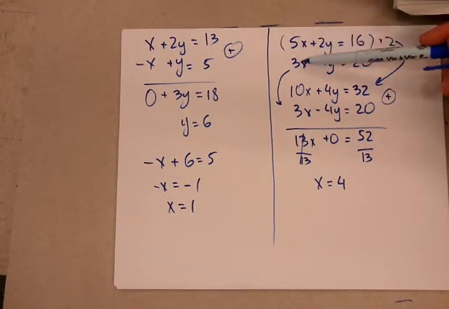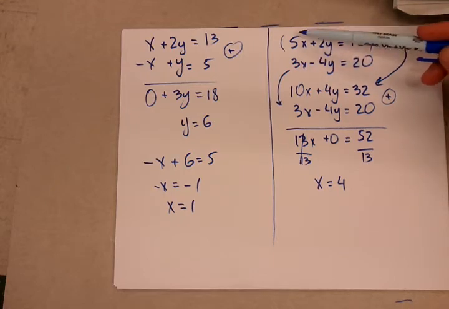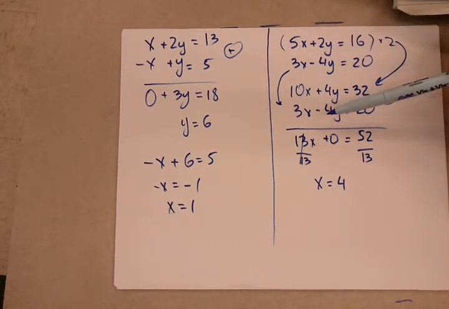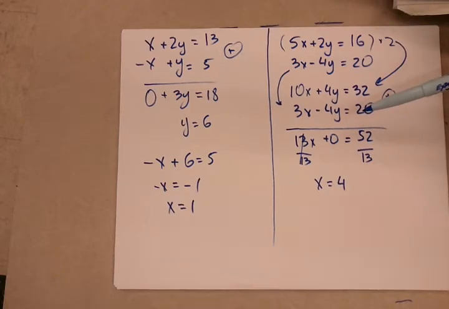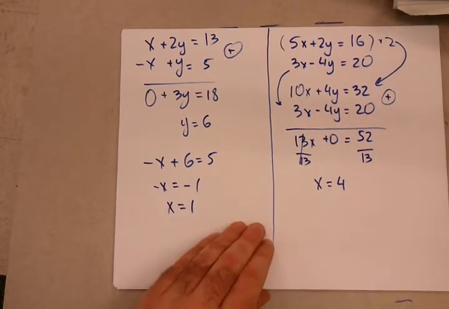For the x, the GCF was 15. You need to modify both top and bottom to make them both 15. So you could go that route. It's going to be more work, and it's going to result in the same answer. But since the whole point of elimination is to make it nice and quick, you should always go for the quick method. So let's do another one.